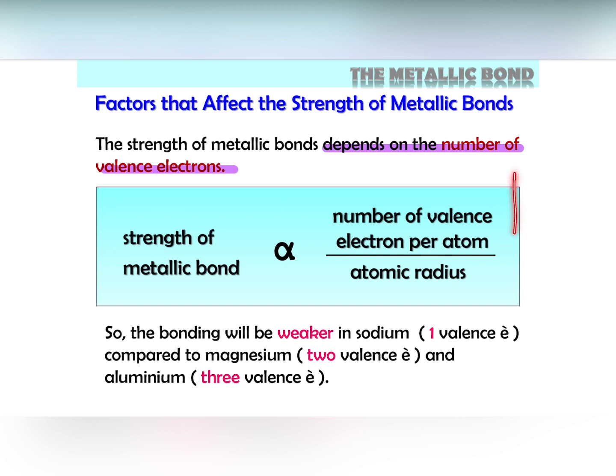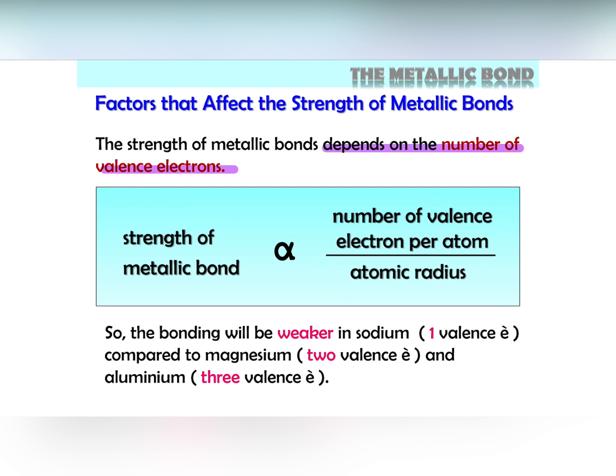So semakin banyak valence electron, the strength of metallic bond will also increase, and it is inversely proportional to atomic radius. So maksudnya kalau radius of the atom is small, the strength of metallic bond increases.